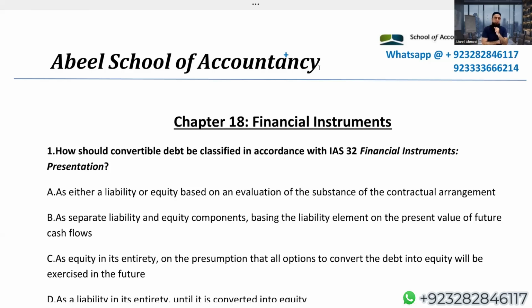In fact, if you are the buyer of a call option or a put option, call option means right to buy, put option means right to sell, they are financial assets for you because they give you the right to exchange the financial instrument when things are favorable for you. I will only exercise the right to buy a call option when things are favorable for me. So you just need to remember one point: if I am a buyer of a call option or a put option, for me, they are financial assets.